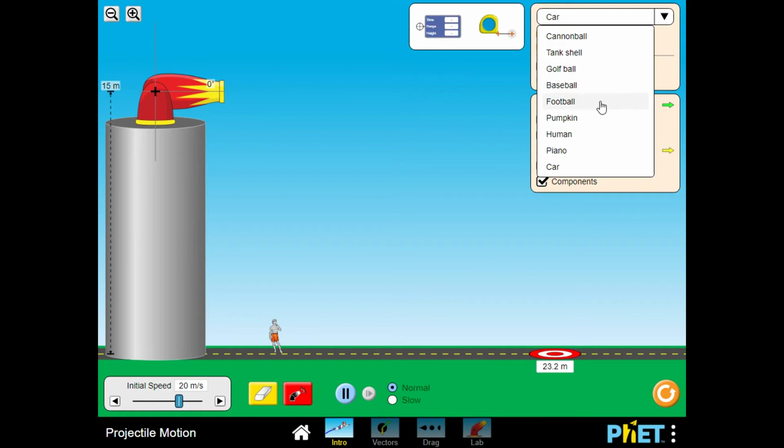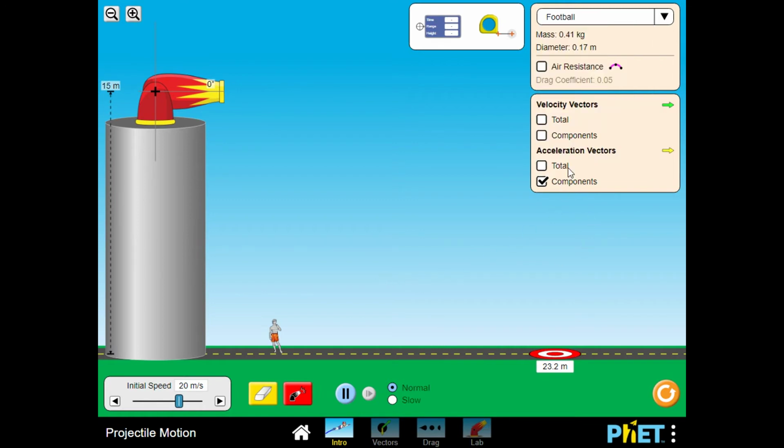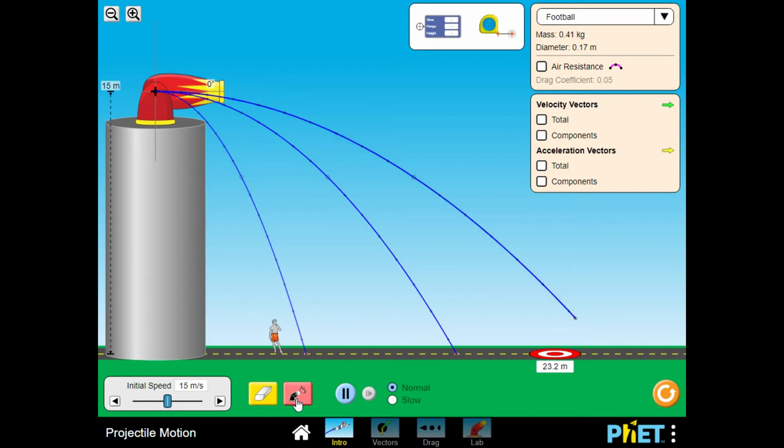Let it be a football projected at, assume, 5 meters per second. Let's increase it to 10, and it increases again, then 15 to 20.